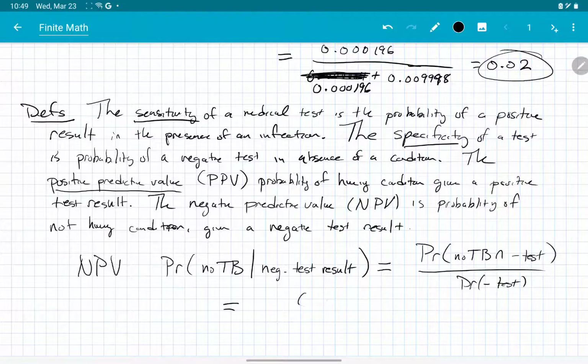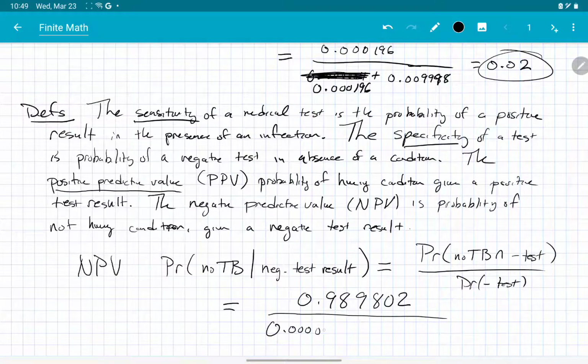And you can't see those numbers anymore, they're gone, but perhaps you can see them on your sheet of paper. The probability of no TB and a negative test is 0.989802. The probability of TB and a negative test is 0.000004. And then that 0.989802 comes up again. And this is 0.999996.